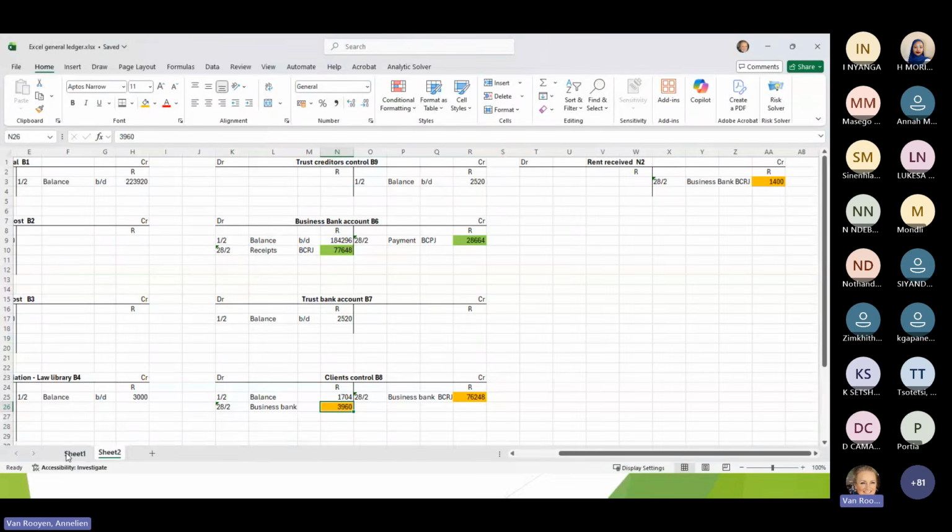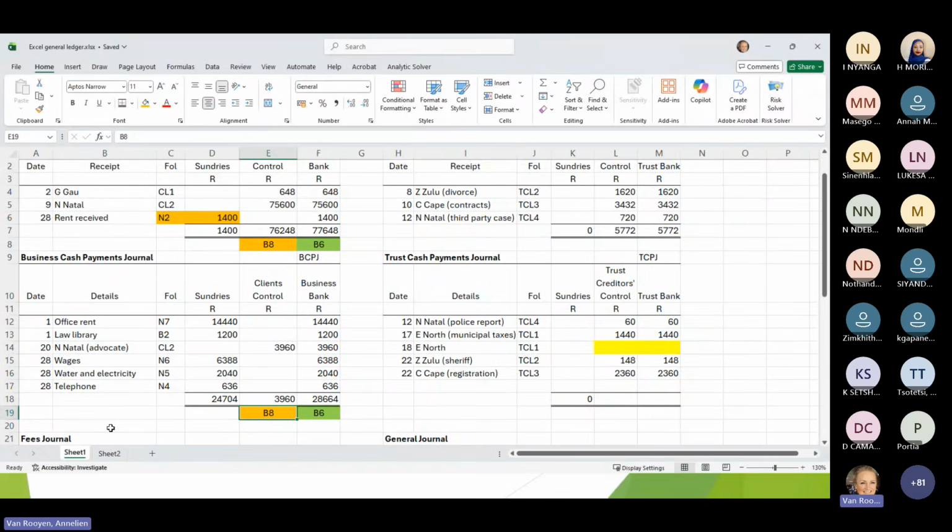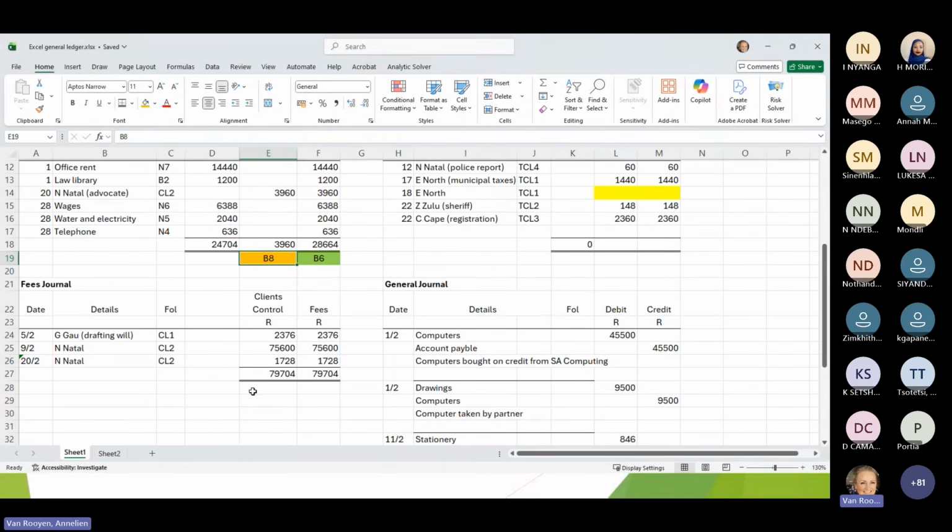But I want to balance an account for you so that you can see how that works. So I just want to do one from here, fees journal, clients control, that should be B8. B8, and your fees will be N1. So if we work on, I just want to show you this one.